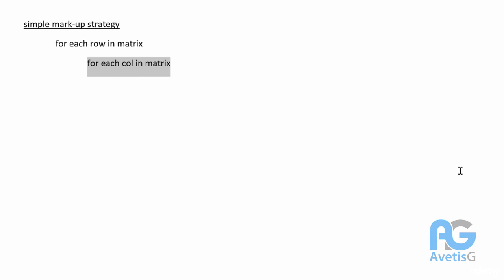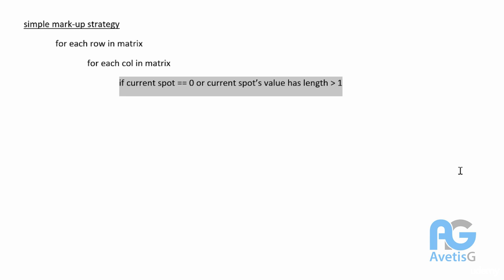So, simple markup strategy. For each row in the matrix, and for each column in the matrix, we're going to see if the current spot is 0 or the current spot's value has length greater than 1. Basically, if it's 0, then nothing has happened in that spot. If the length is greater than 1, that means that it is a possibility, meaning it's not just one digit.